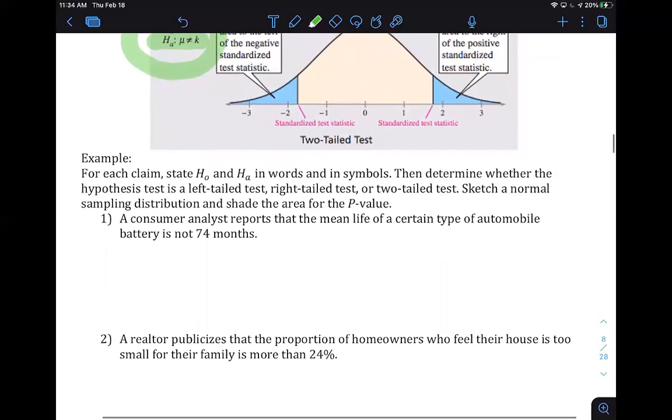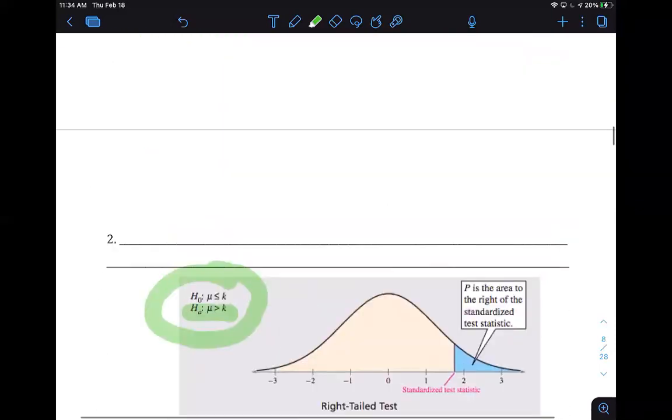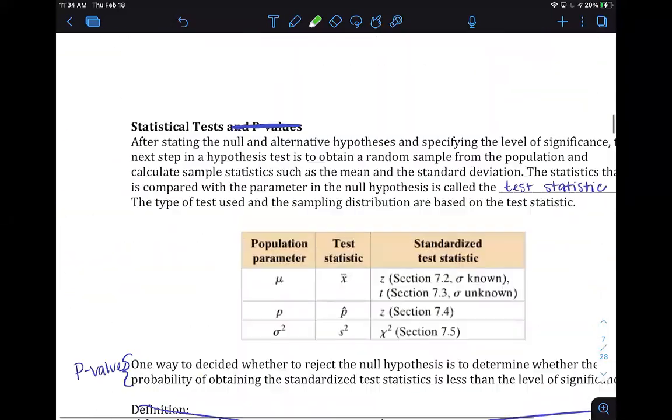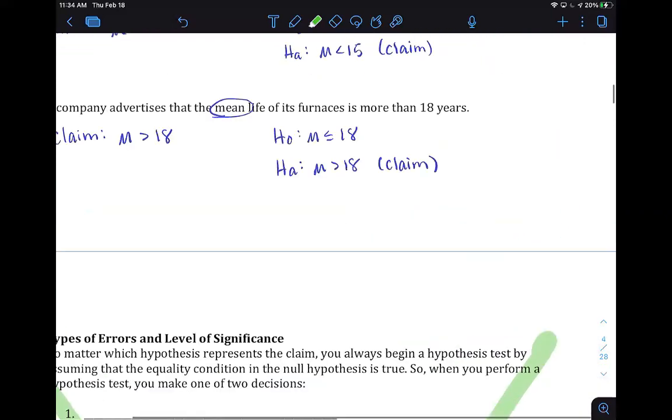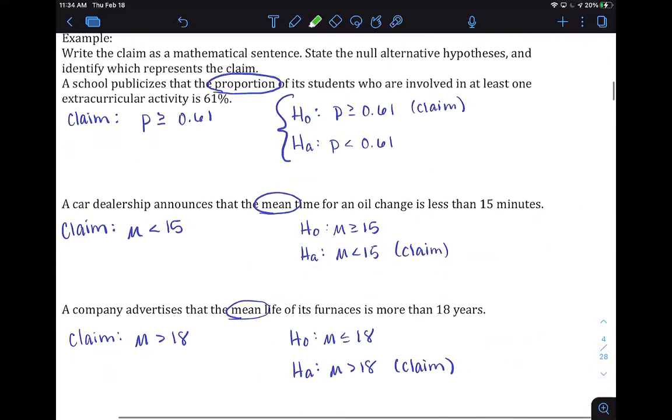Let's go back. I'm trying to save you guys some time here instead of being extra repetitive. Go back to those examples where we stated the null and alternative hypothesis. So let's go back to page 4. Looking at the first one, looking at the alternative hypothesis, p is less than 0.61. Left-tailed, right-tailed, or two-tailed? Left-tailed.